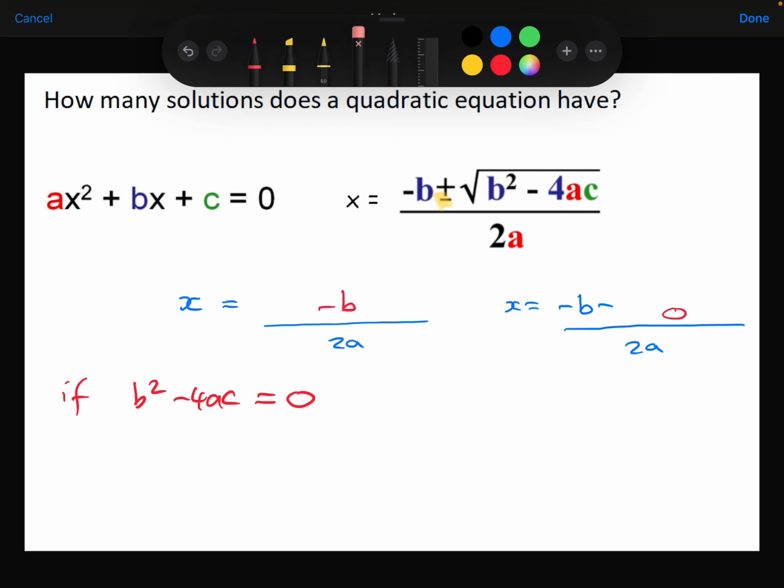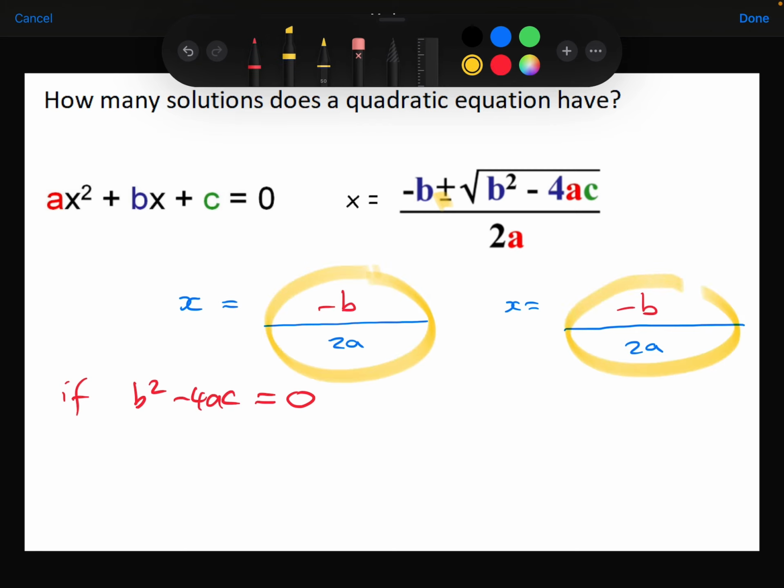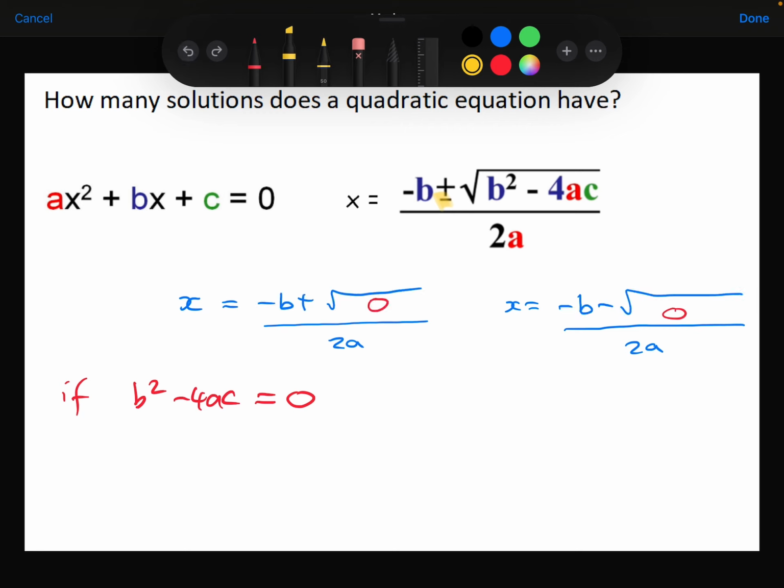And minus b minus 0 will just be minus b. So notice in this case, we've actually ended up with one repeated solution. They're the same answer, minus b divided by 2a. So if b squared minus 4ac is equal to 0, then we get one repeated solution, rather than the two that we're used to.